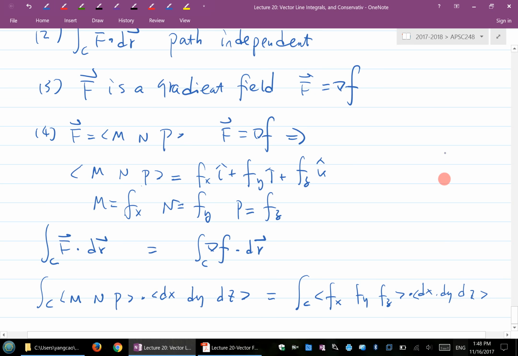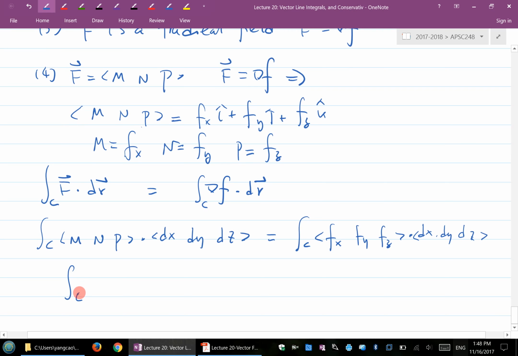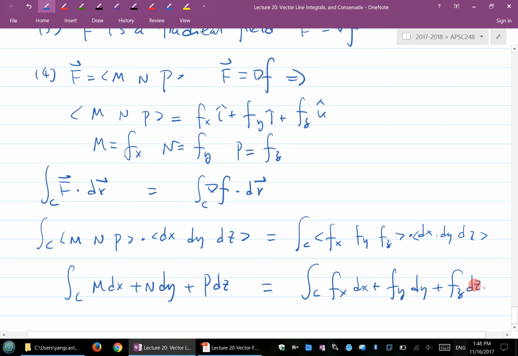It's the same thing. So this one here is M dx plus N dy plus P dz, and here is Fx dx plus Fy dy plus Fz dz. So I got basically an equivalent expression here.